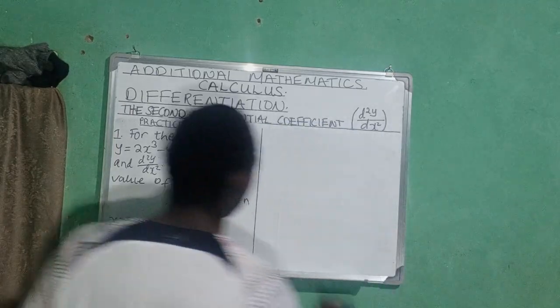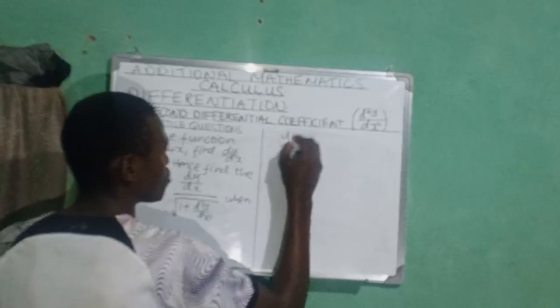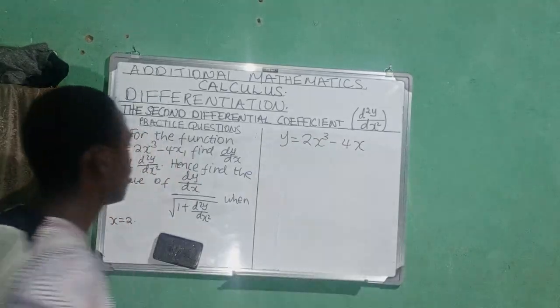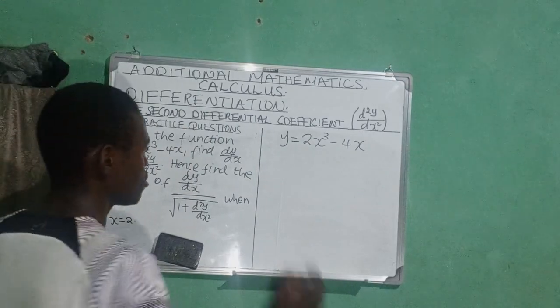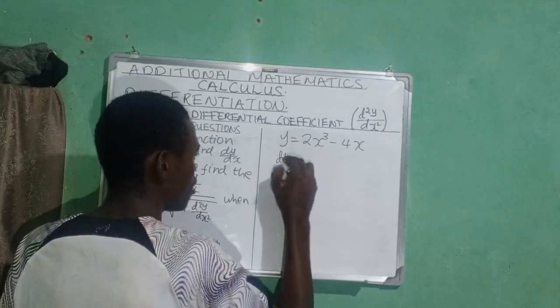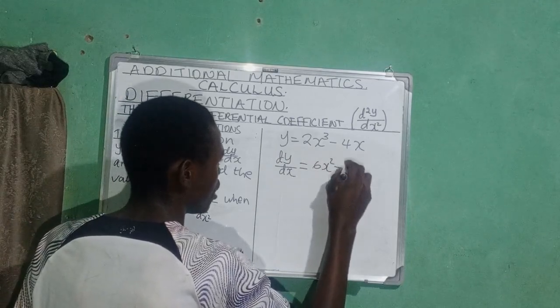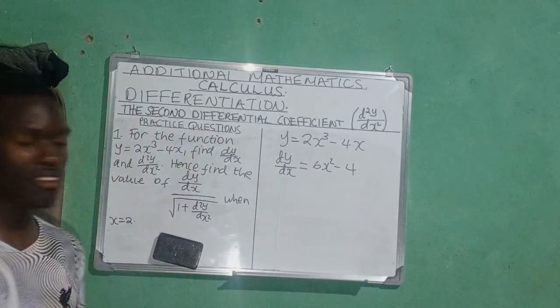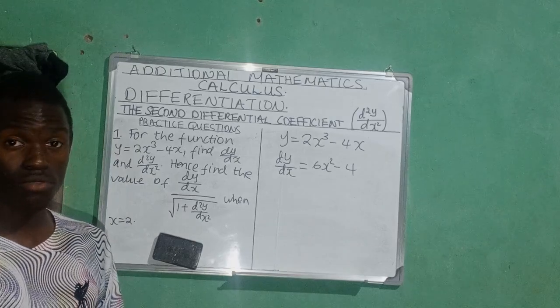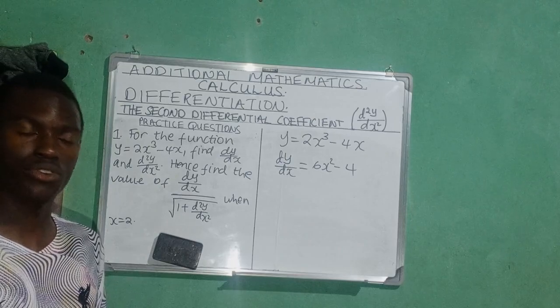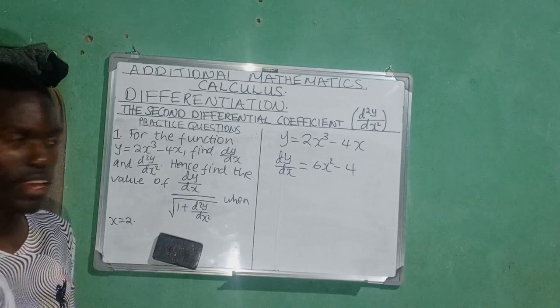Okay. So our equation is y is equal to 2x cubed minus 4x. To find our dy/dx, we'll say dy/dx is equal to 6x squared minus 4. So the answer we have found there is our dy/dx. If you do not know how to find dy/dx, you can check the prior videos in the calculus playlist.